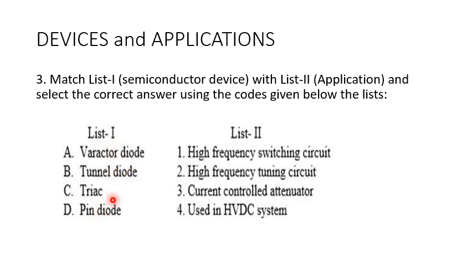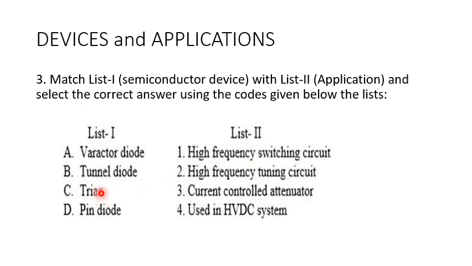So I have given clues for all of list 1, right? Now we'll match. The varactor diode goes with the tuning diode I told you about, so high frequency tuning circuit. Next, the tunnel diode, I told you that it is useful for switching times in the order of nanoseconds to picoseconds, so I can go with the high frequency switching circuit.